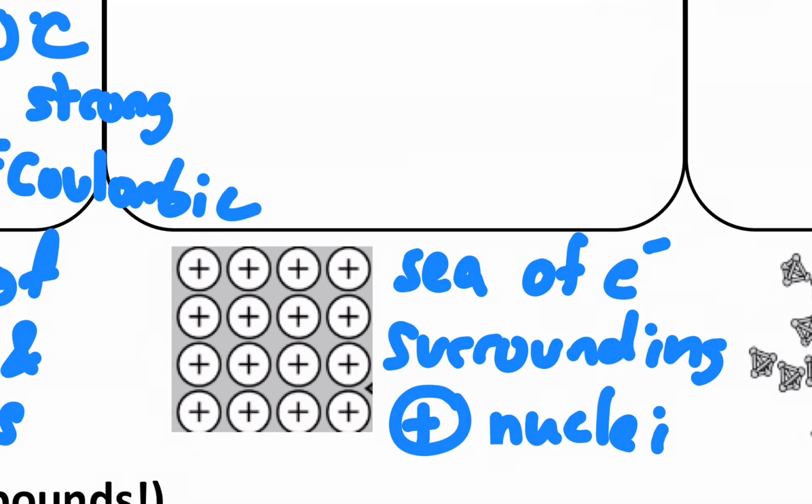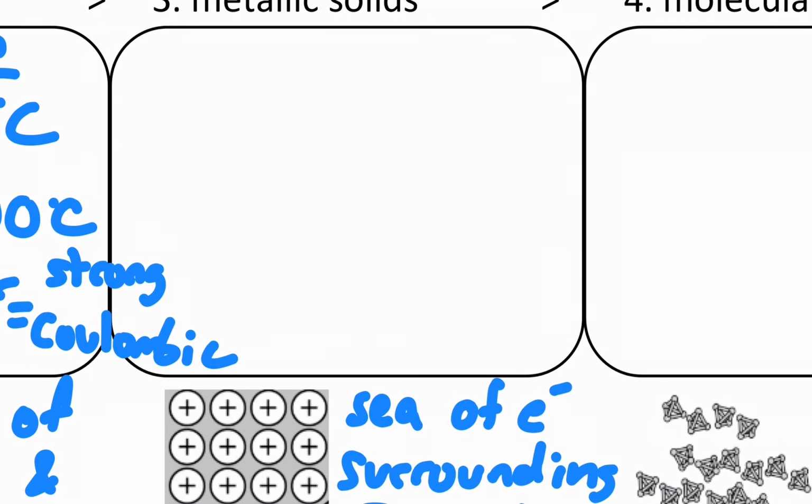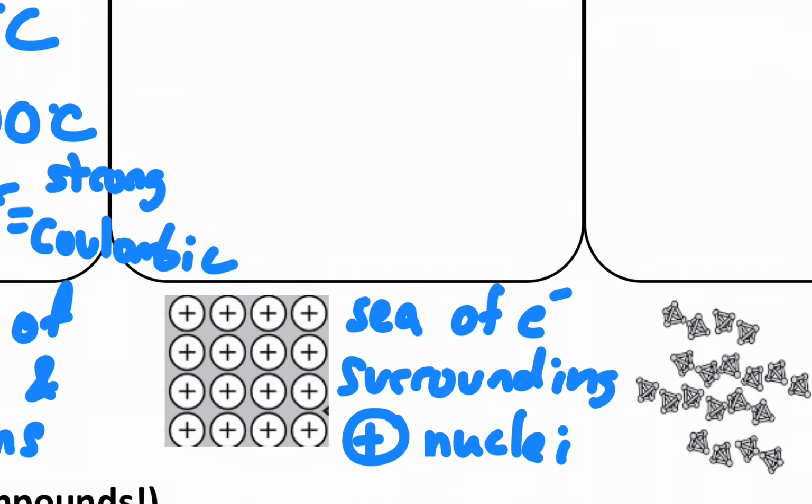All the different positively charged nuclei of the metallic atoms share this cloud of electrons between them all at the same time. That's why they conduct so well, because those electrons are mobile, so they conduct electricity and heat very well because of that. It's also why they're quite malleable. You can bend and stretch and everything is still in contact with that sea of electrons.